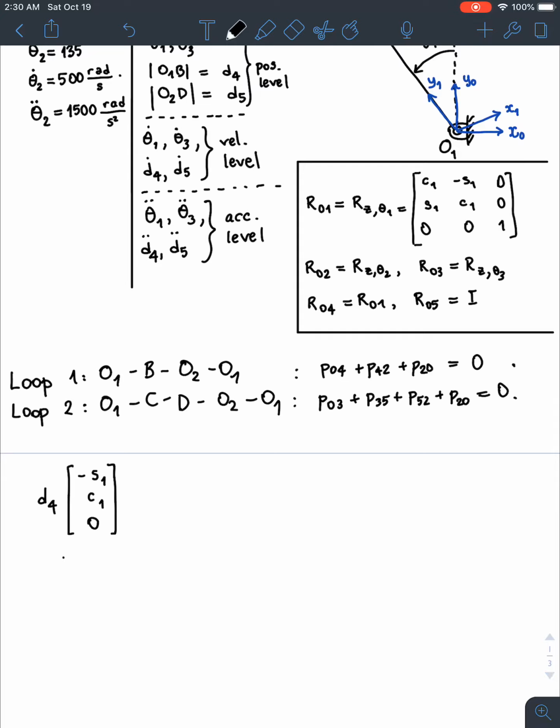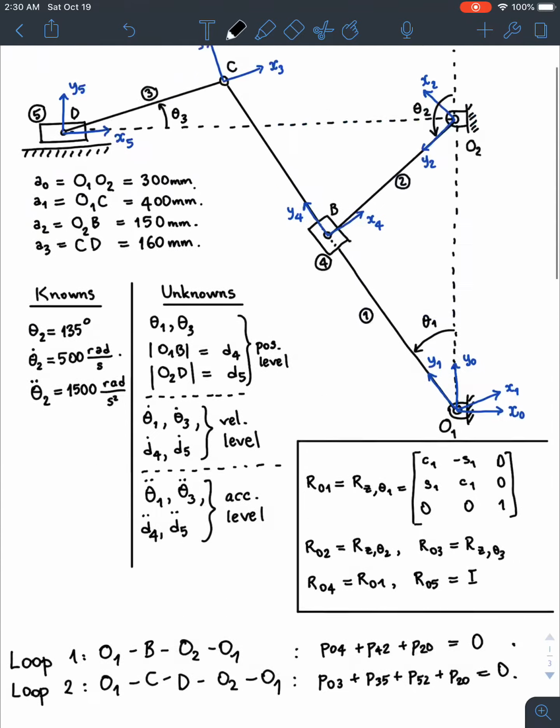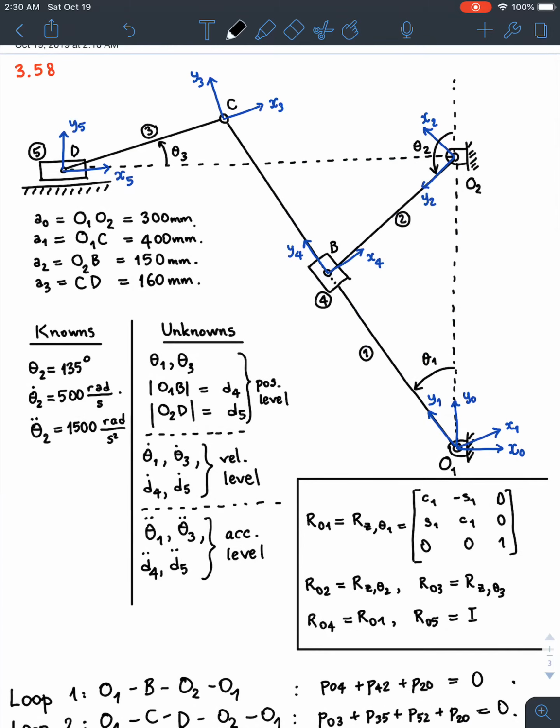This is P04, plus P42, which is going to be A2 in the minus Y2 direction, as you can see from the figure. A2 is the distance from O2 to B, but you want to go from B to O2, so it's in the negative direction of Y2.